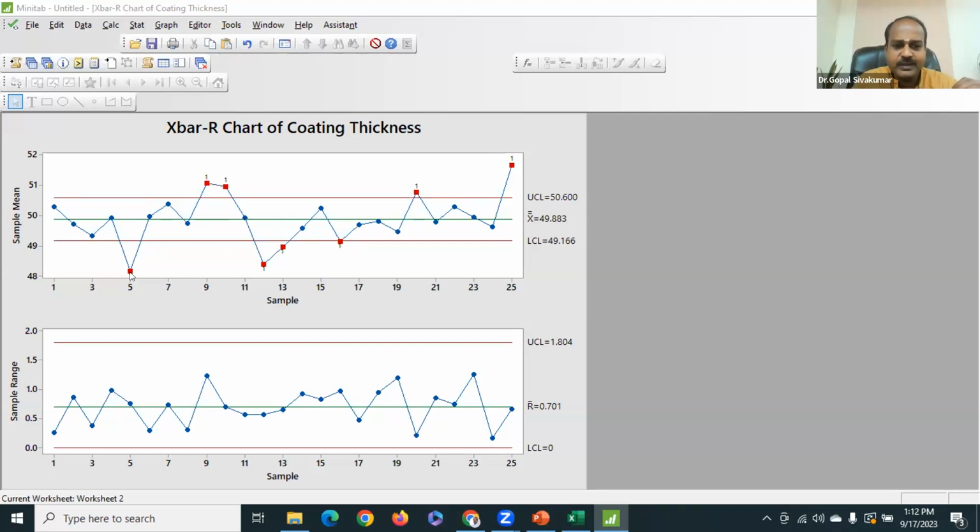Can you react seeing your first red color point? When it is abnormal. Sir, we should calculate the CP capability indexes now. See, that is called capability analysis, CP/CPK. Yes, you need to calculate, but before calculating CP/CPK, you should have statistical control in your control chart.